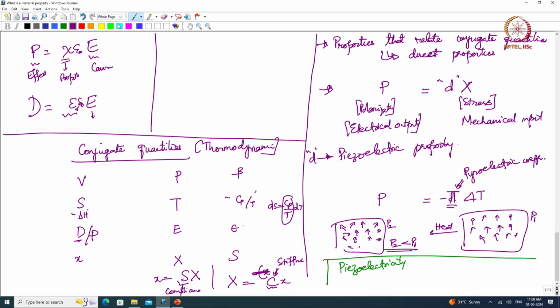So, piezoelectricity, and what is the other one, pyroelectricity, the pyroelectric property. Then, when we talk about dissipation, we talk about what are called Seebeck coefficients, and thermoelectricity is the term that comes to mind. All these are what are called cross coupled properties.